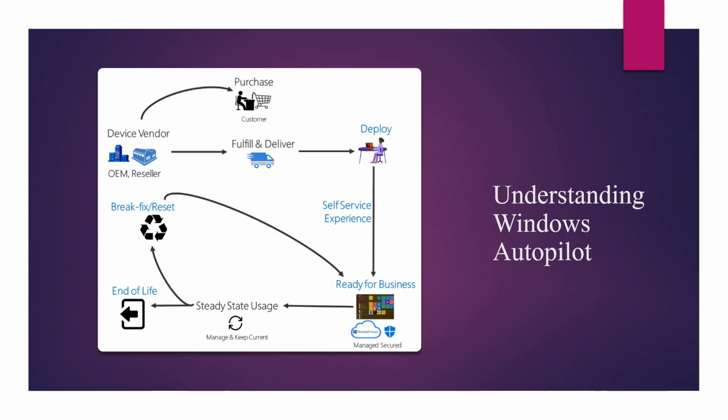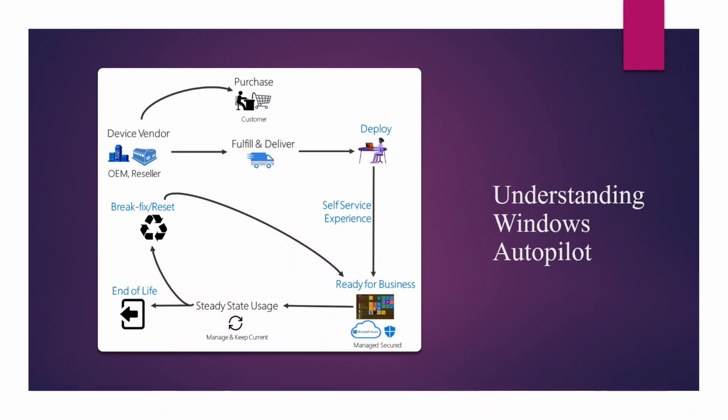If the device develops a problem, it can either be repaired, reset, or reconfigured, which is shown in the break fix or reset stage. Some typical break fix actions may include troubleshooting hardware and software issues, reinstalling the operating system, performing a factory reset, reapplying the company policies, and replacing a defective device.